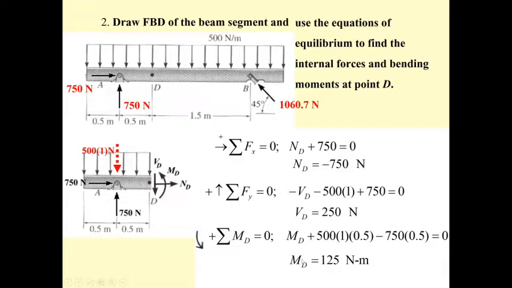And the moment M sub D is going to produce the flexural stress. This can be computed by sigma equal to M sub D times y, where y is the distance measured from the neutral axis up to the point you are interested in, divided by the moment of inertia I. And then if you go further, you will also be able to draw the normal stress distribution on this section, and also the transverse shear stress distribution on this section.